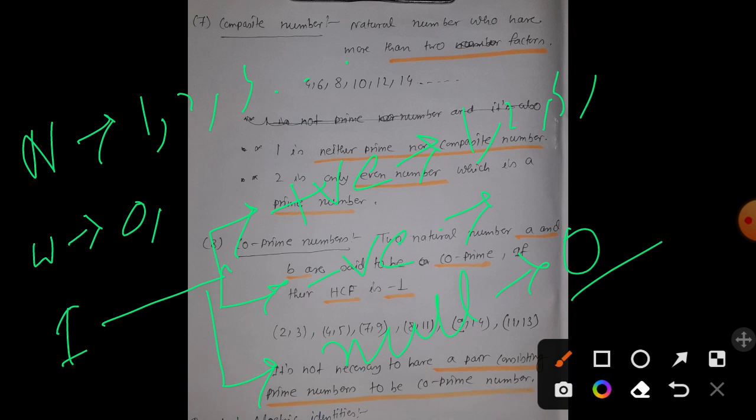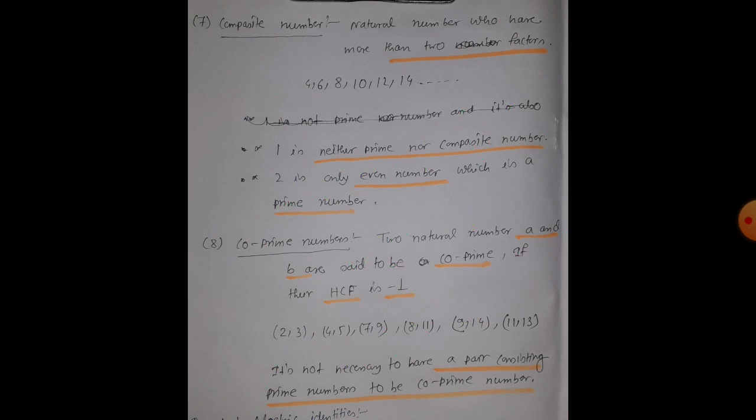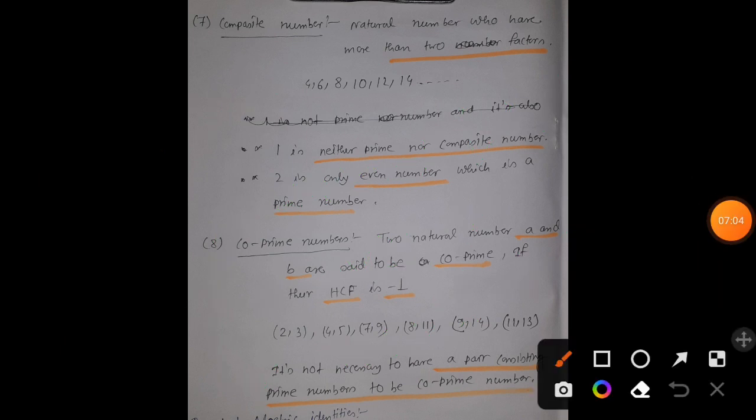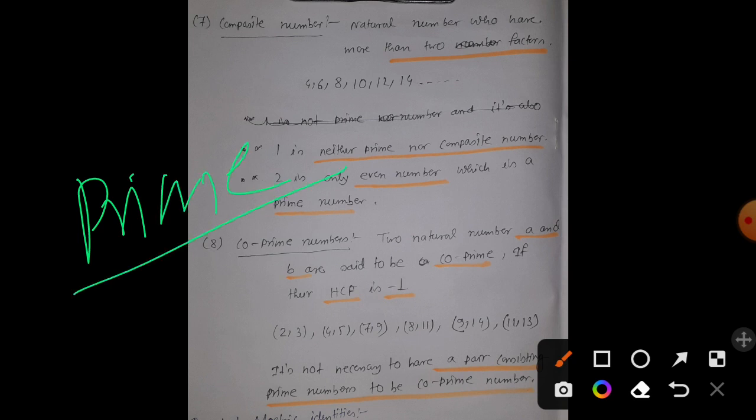Then we have talked about even numbers. An even number is any number which can be divided by 2, right? Then we have talked about odd numbers, any number which is not divisible by 2, right? Then we have discussed prime numbers, any number which has two factors only. For example, 2 has one factor and the number itself, that is 2.